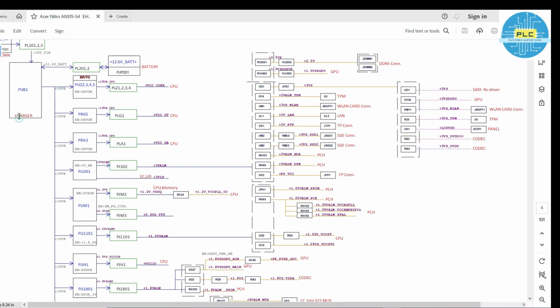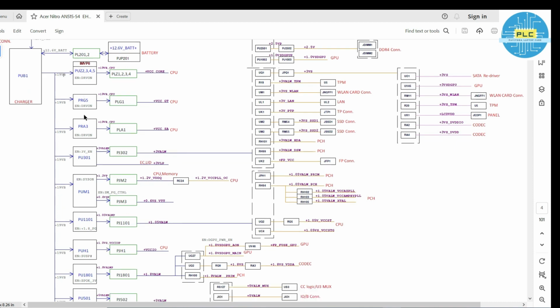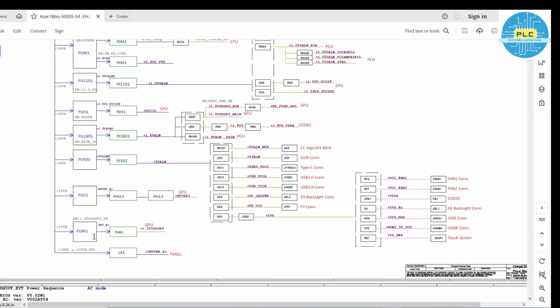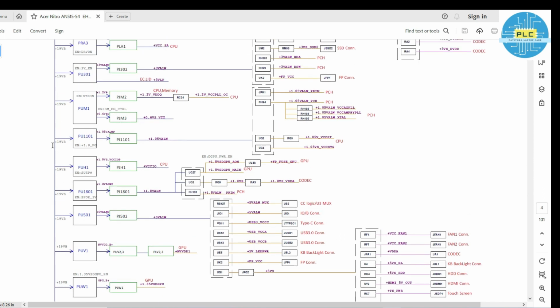This charger IC, once again I am telling you, the charger IC is a complete load. The complete load gives plus 19VB volt. This voltage is again connected to all these loads.